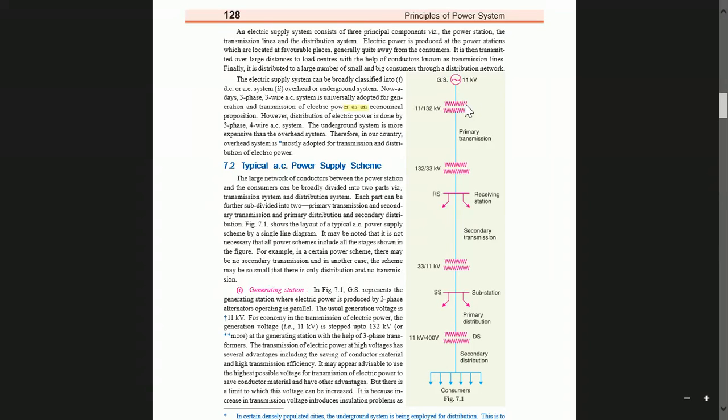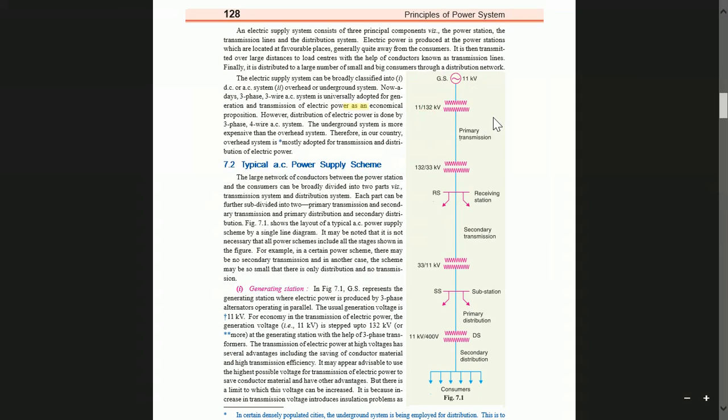To step up the voltage at power generation we use the star to delta connection in the step up transformer. Why? Because with star to delta it is easy to transfer, from 4 wires to 3 wires, so we can save one conductor.